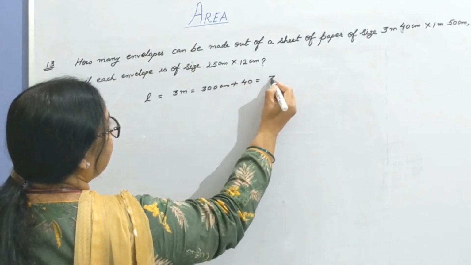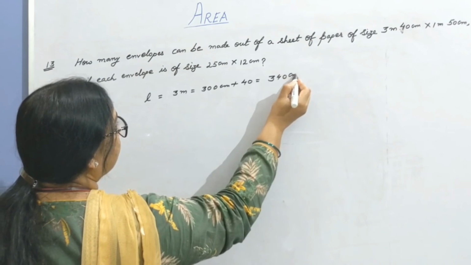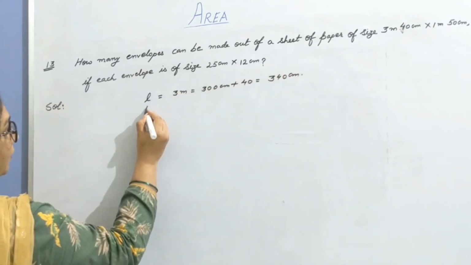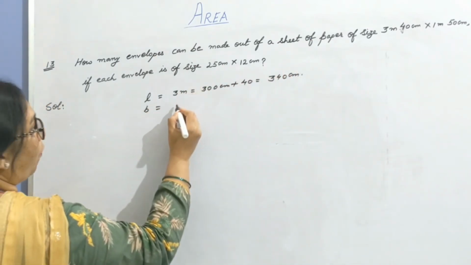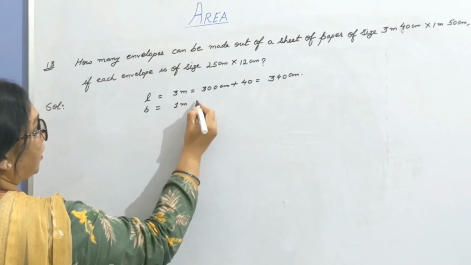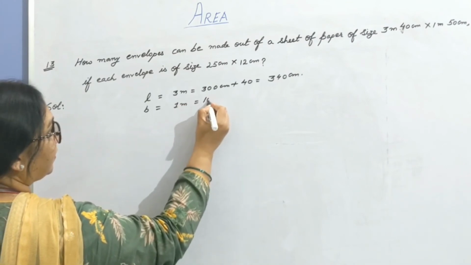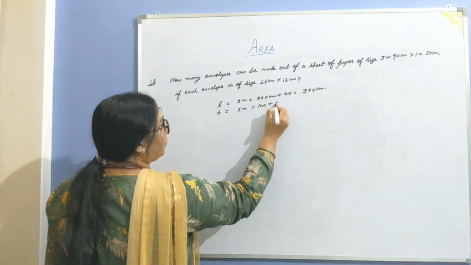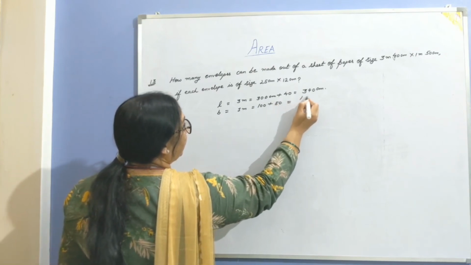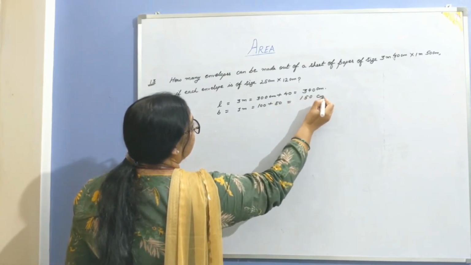Total how many centimeter? 340 centimeter. Same way, breadth of the sheet is 1 meter equals to how many centimeter? 100 centimeter plus 50 more equals to 150 centimeter.